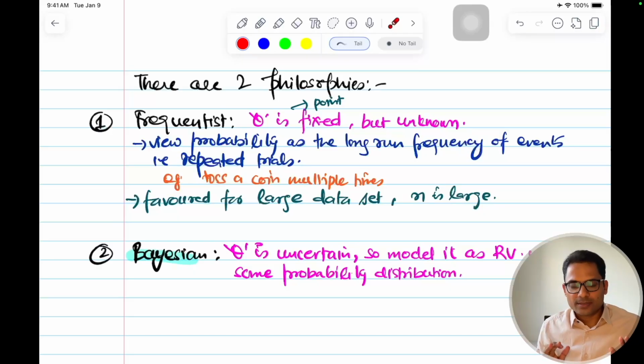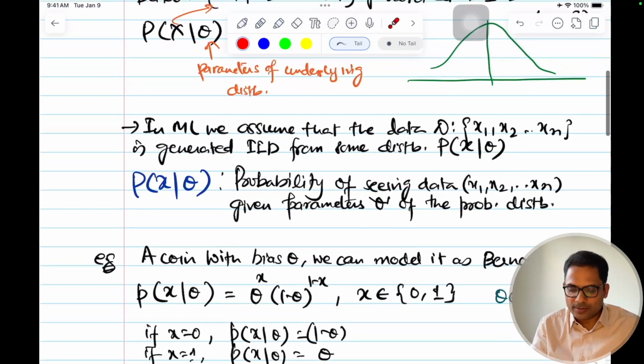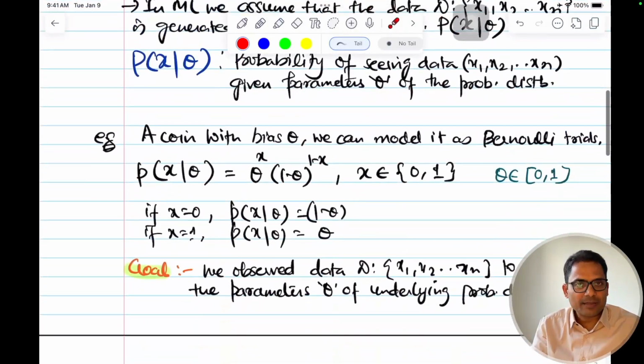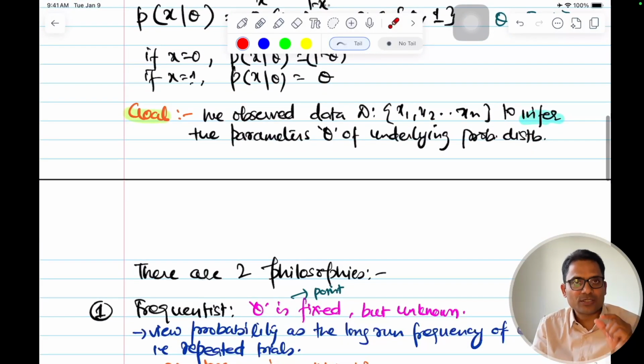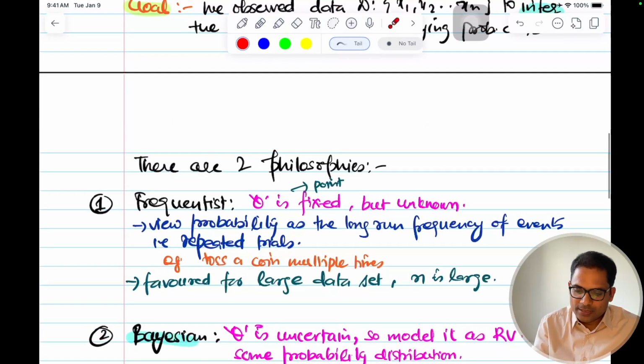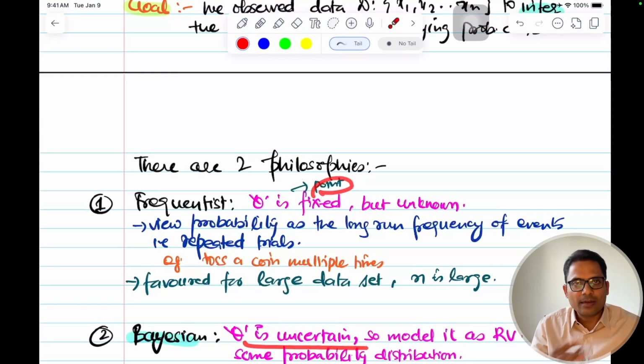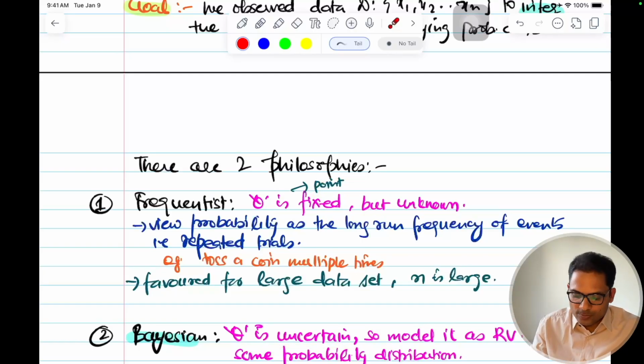That's the main difference between the frequentist and Bayesian approaches to finding my parameter. I wanted to estimate the parameters of the underlying distribution based on the data. In the frequentist approach, I get only one point estimate, and here I'll get a complete distribution. I hope that is clear.